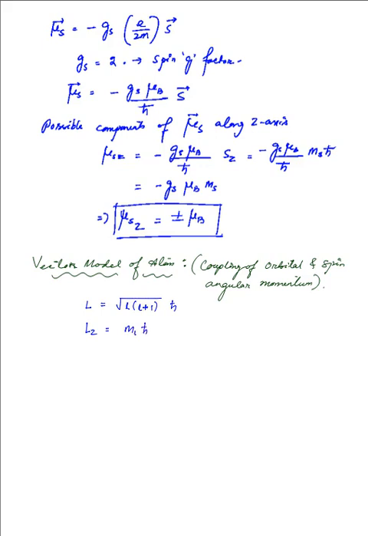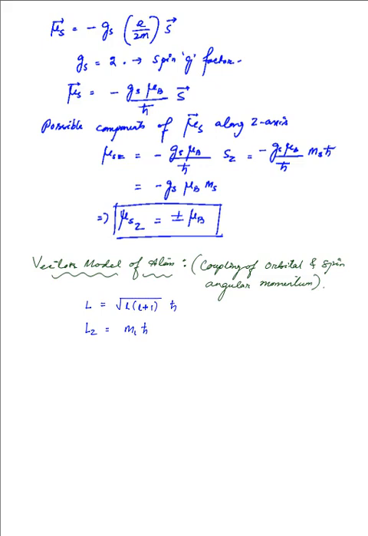As you know, l is the orbital quantum number and ml is the magnetic quantum number, and ml can have values stretching from minus l through 0 to plus l.